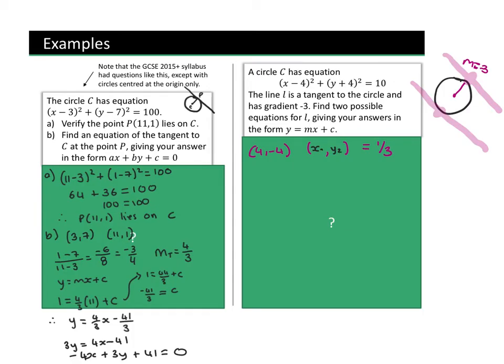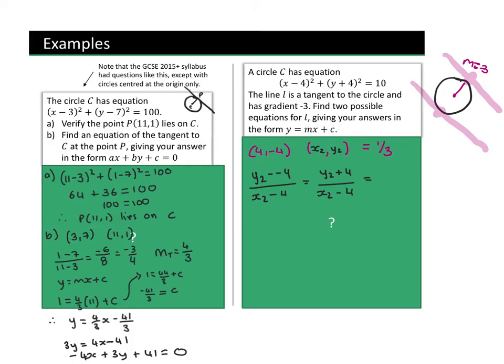y2, x2. So what I'm going to personally do is I'm going to just try this way. So (y2 minus 4) over (x2 minus 4) equals (y2 plus 4) over (x2 minus 4).